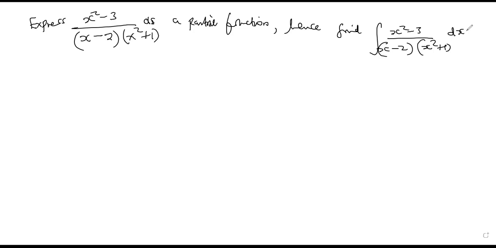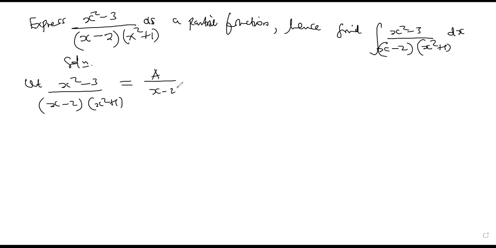So what you do with this, you have to let x squared minus 3 over (x minus 2)(x squared plus 1) be equal to a over x minus 2 plus (bx plus c) over x squared plus 1.